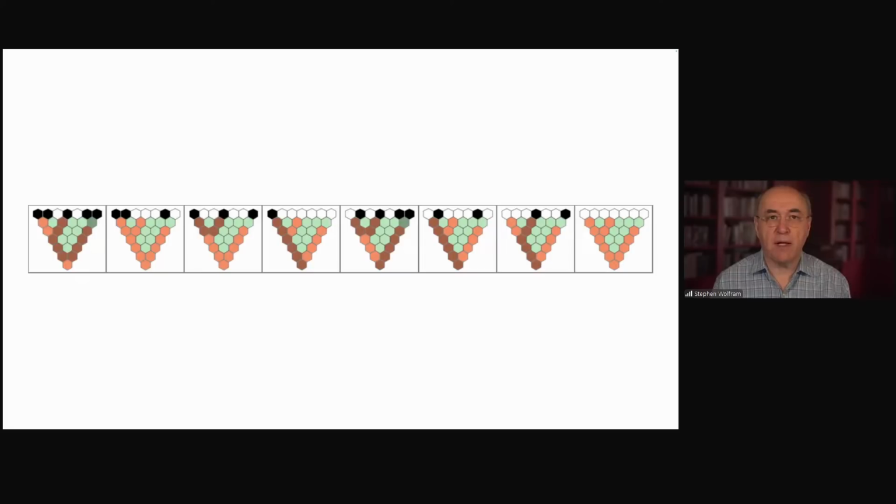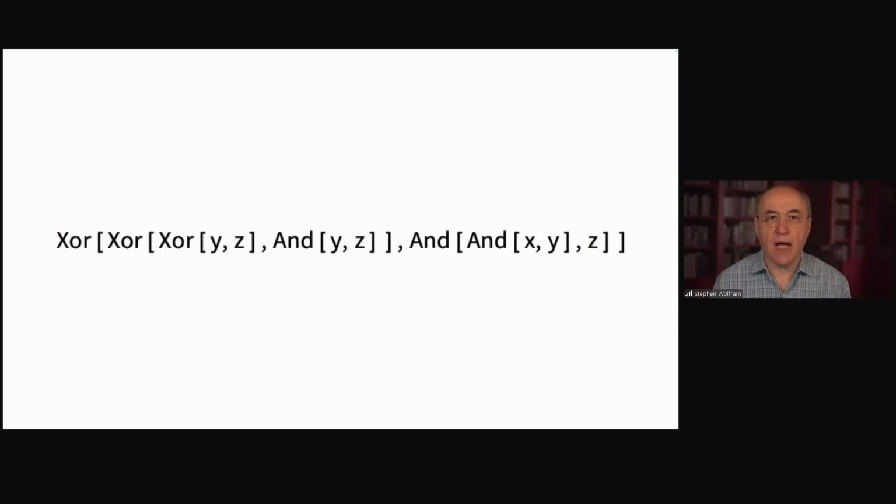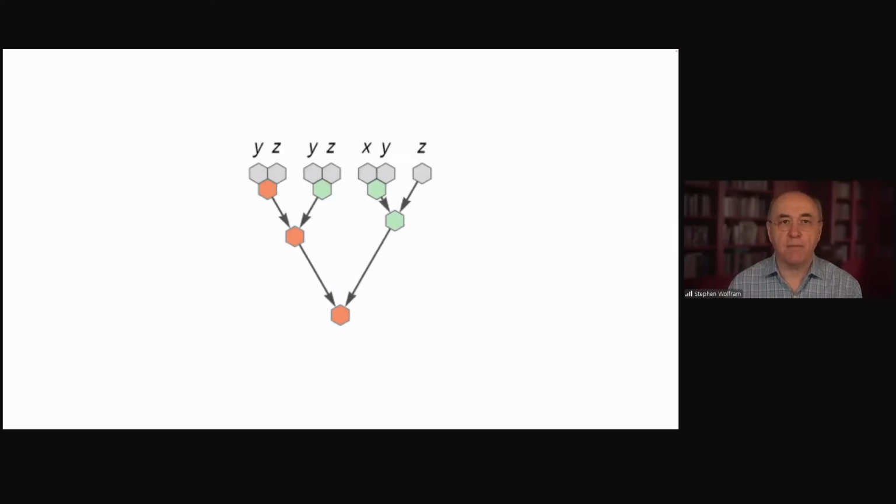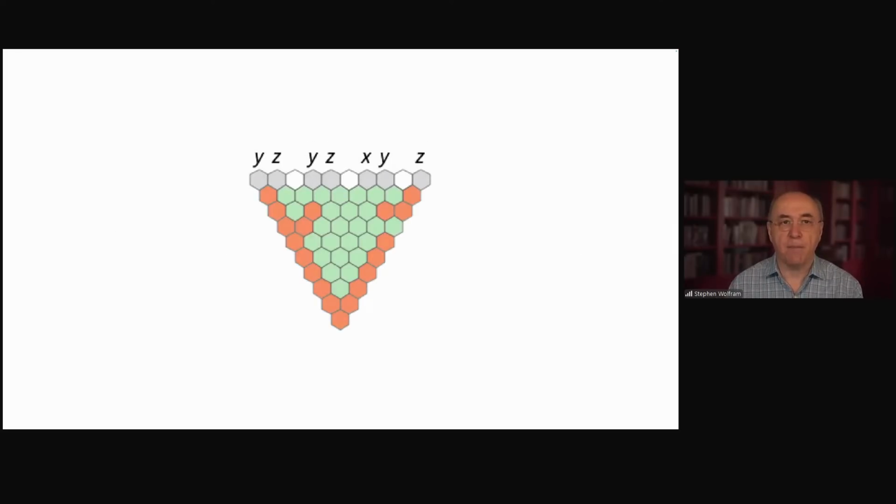Doing the same thing for Rule 110, the AND XOR expression is this, the evaluation graph is this, and the rule array is this. And at least with the evaluation graph as a guide, we can readily see what's happening here. But the rule array we're using is considerably larger than our minimal solutions that we had before, or even than the solutions we found by adaptive evolution.